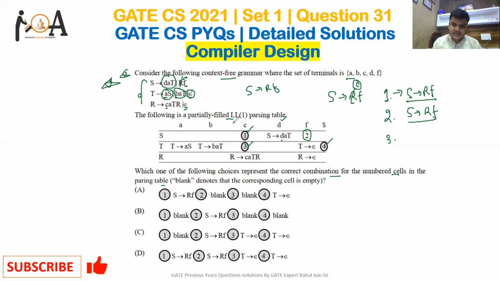So if epsilon is there, then block 3 will be replaced with epsilon, and we have to put it into every such block. So T derives epsilon would be in the place of 3, and in the place of 4, if you see dollar, in this block as well T derives epsilon would be there. Okay, guys, T derives epsilon would be there also in dollar.